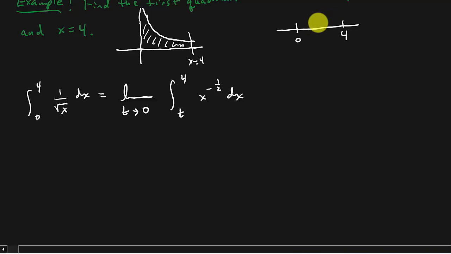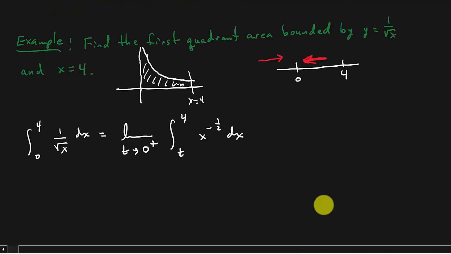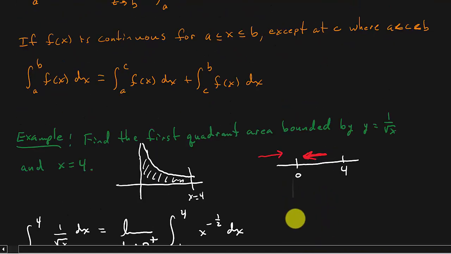Now, how can we get to 0? We've got to come this way, right? We're not going to come from outside of 0 to 4. We're going to come from the inside here. So we're going to be approaching 0 from which side? From the right side. And you can see, where is it?